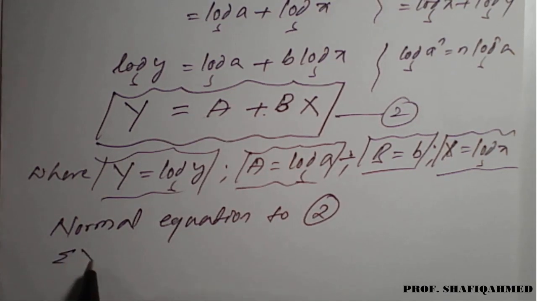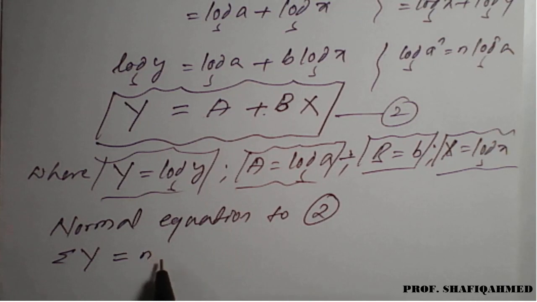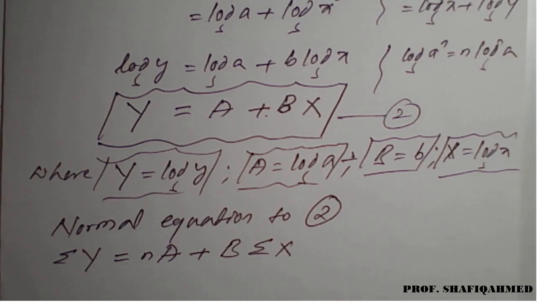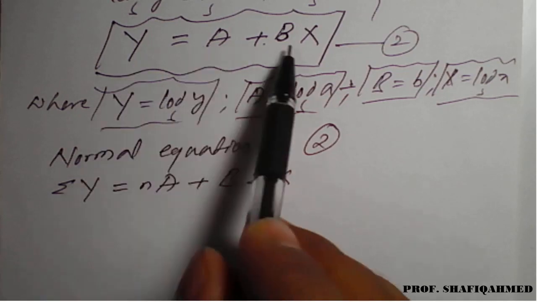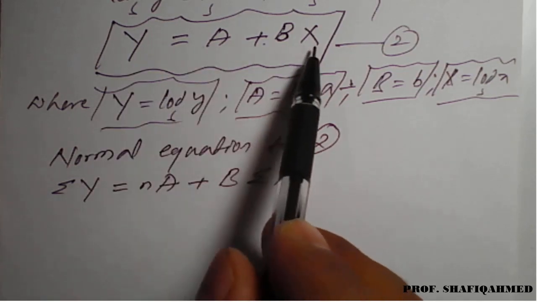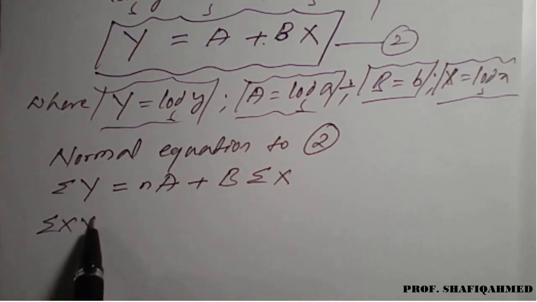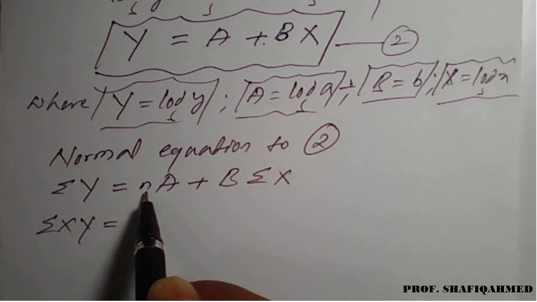So summation of capital Y is equal to a, which is a constant, so n into a, plus b, a constant, into summation of capital X. Then multiply both sides by capital X, since Y is dependent and capital X is independent. Summation of capital XY is equal to, if you multiply here we'll get X, so n will vanish.